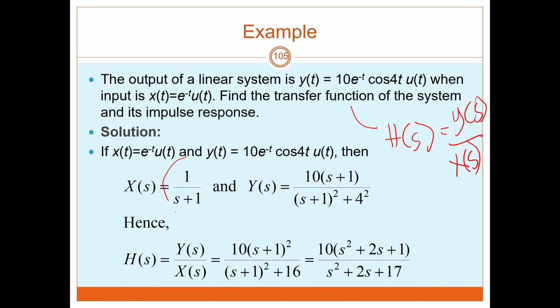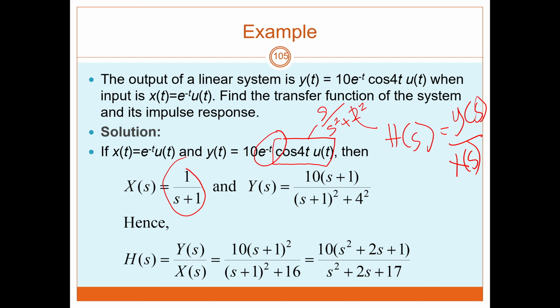X(s) from the table is 1 over s plus 1, and the 10 is the coefficient, e^(-t) is the shifted value. The function cos 4t u(t) in the table is equivalent to s divided by s squared plus 4 squared.